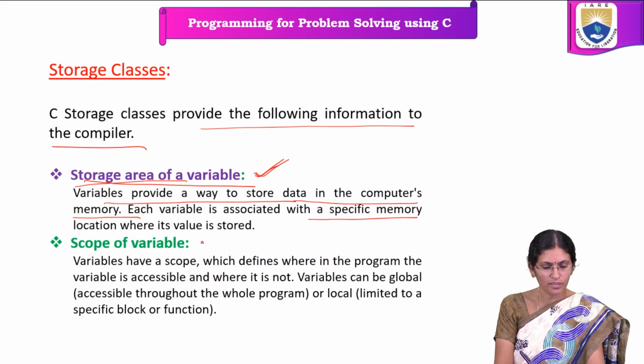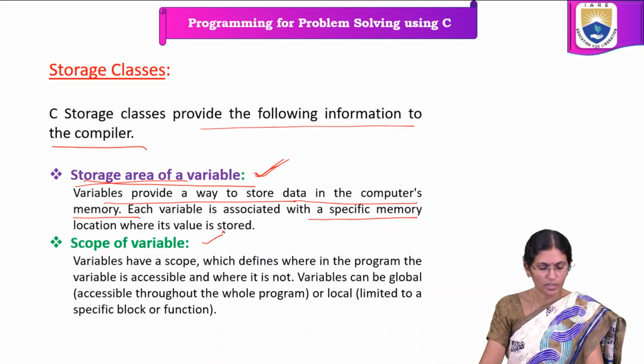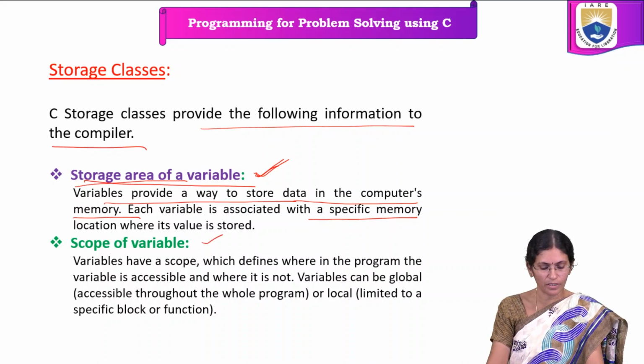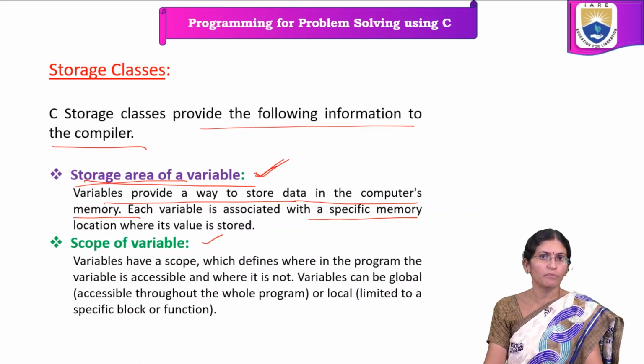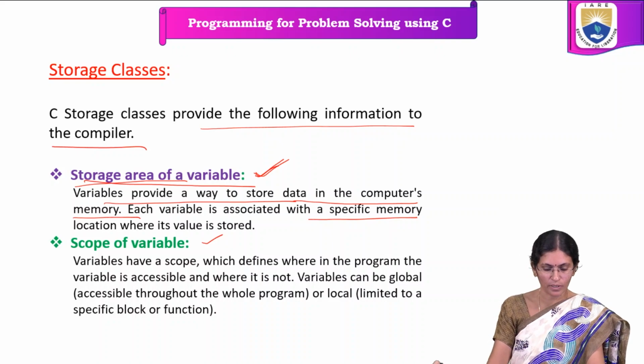Next, another feature described by the storage class for a given variable is the scope of the variable. Variable scope can be in the function, or in the block where it is defined, or throughout the program. That depends upon the type of the variable.